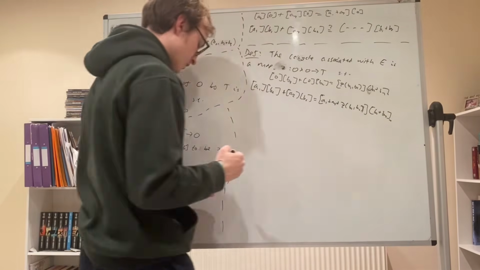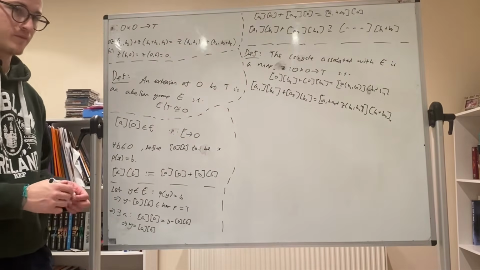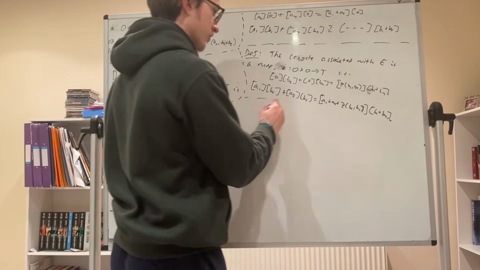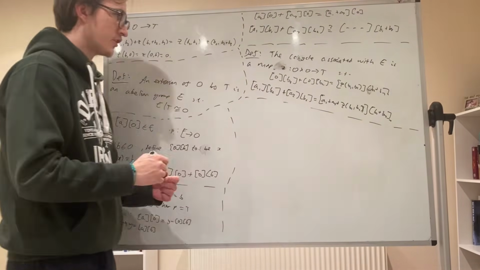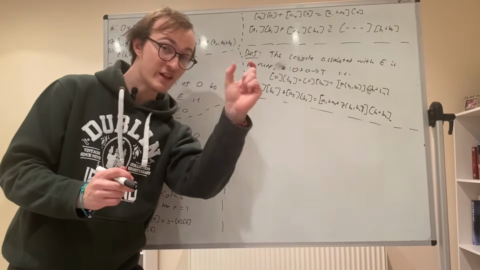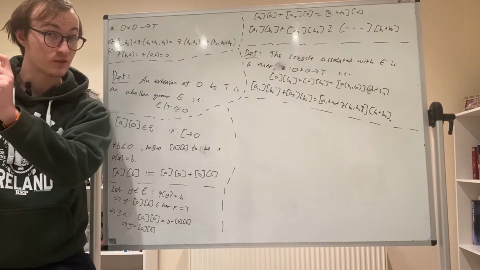So, okay, this fully determines our group structure in E, and so what we have is that an extension gives us a cocycle.